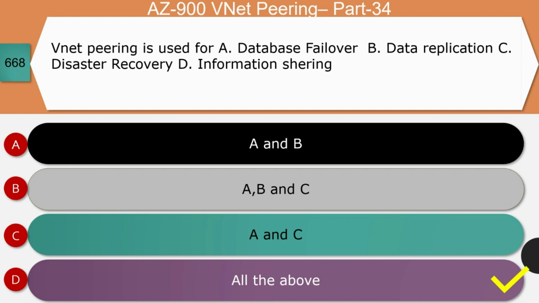In using VNet pairing in Azure infrastructure, what we have to do is connect the virtual networks to each other for sharing traffic, which can be application, backup, replication, recovery, or information sharing. And so database failover, database replication, disaster recovery, or just sharing information between two virtual networks are all considered use of VNet peering. And so option D is the correct answer.